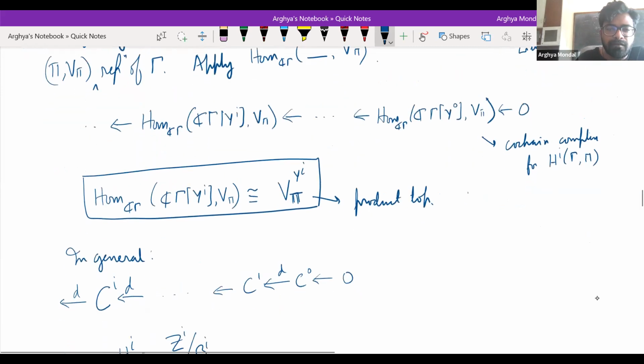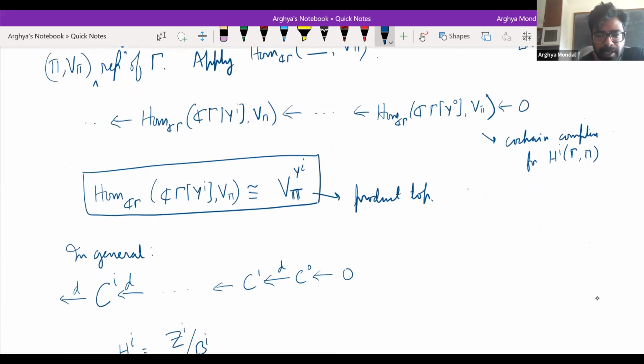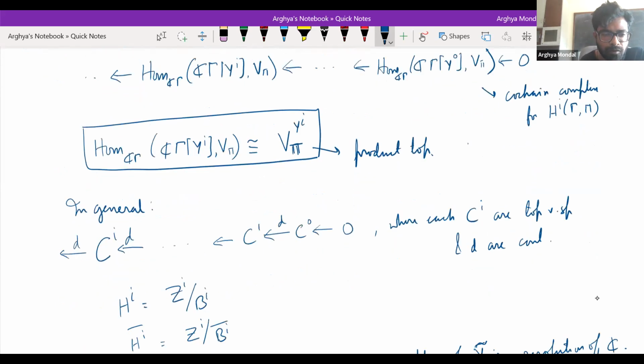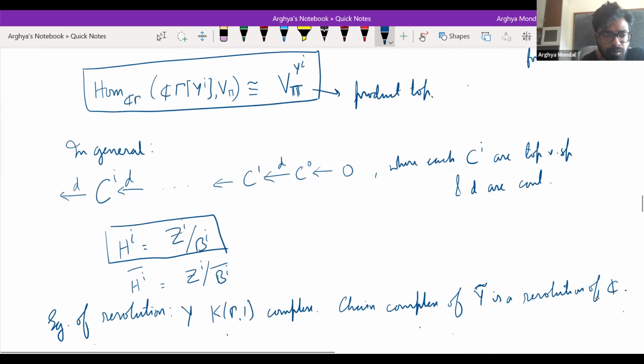So in general, if I have a quotient complex where each Ci is a topological vector space and the coboundary operators are continuous, then of course I can consider the usual group homology, but we can also consider the reduced group homology, where I take the cocycles modulo the closure of the coboundaries.